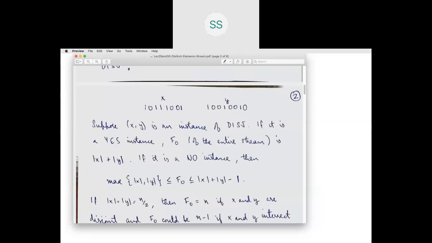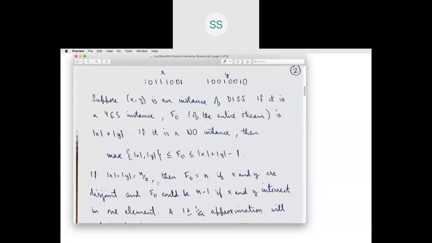If it's a no instance, it will not be the number of ones in x plus the number of ones in y, it will be lesser than that. But it cannot be smaller than the size of x or the size of y. So F0 lies between the max of size of x or size of y at the least, and at most size of x plus size of y minus 1. Okay, so this is what we know.